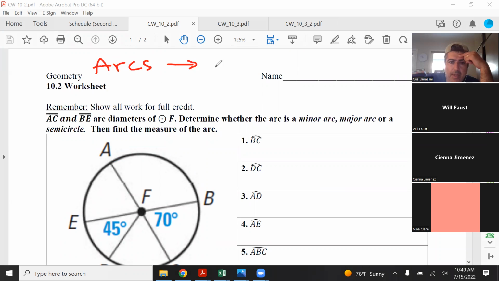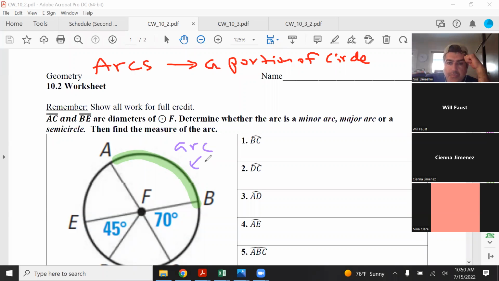An arc is simply a portion of a circle. So if I were to draw, for example, if I were to shade this part right now, or highlight this part, that's an arc.